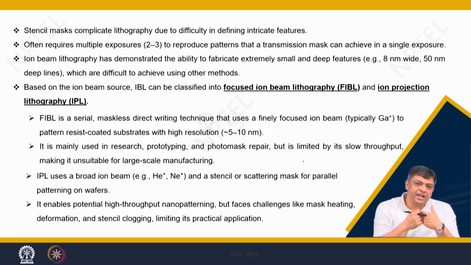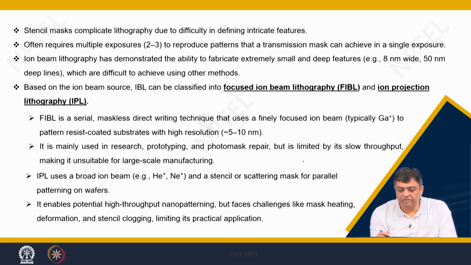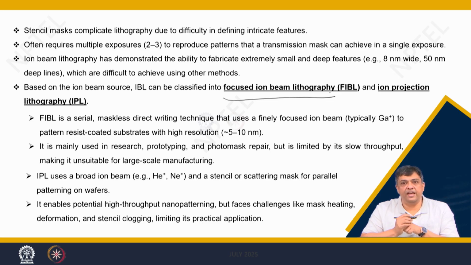Now, based on the ion beam source, these techniques are subclassified into two more: focused ion beam lithography, that is FIBL, and ion projection lithography. FIBL is a serial maskless direct writing technique.